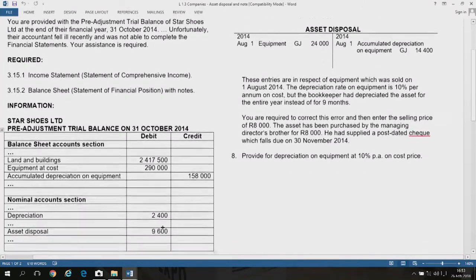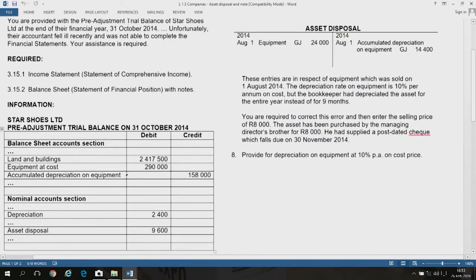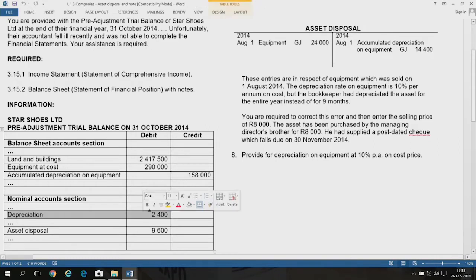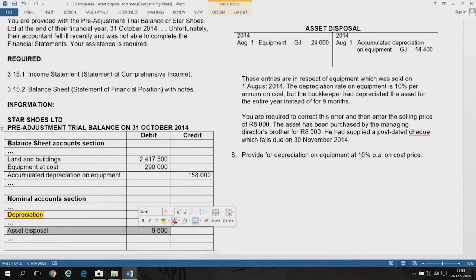If you look in the pre-adjustment trial balance, there's your cost price for equipment, there's your accumulated depreciation, but this bothers me, because that is not always there. The fact that there's already depreciation shows us that they already did the depreciation from the beginning of the year until the date of selling, and the date of selling is the 1st of August 2014.